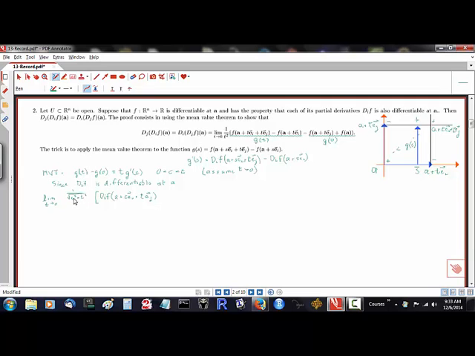But c is something in between 0 and t. Since we're going to get something that is equal to 0, it really doesn't make any difference whether we divide by that or divide by t itself. Okay, differentiability.